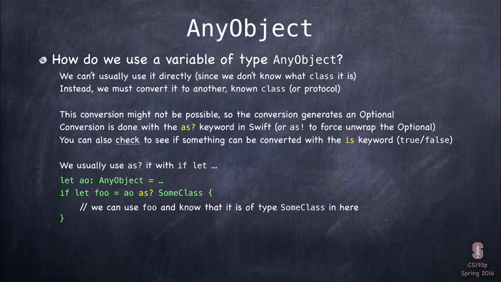I say if let foo = ao as SomeClass, then in here there's going to be a local variable foo, which is not going to be AnyObject. It's going to be of type SomeClass. Got it? It's just that simple. We're essentially casting, if you want to use that terminology, AnyObject to be SomeClass conditionally. So that's how we use something of AnyObject.